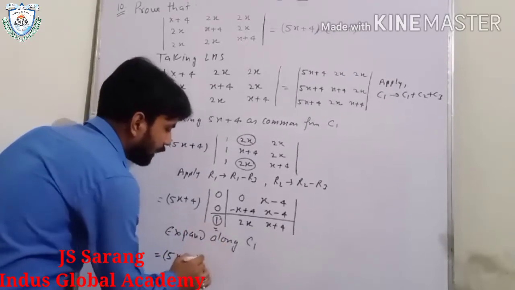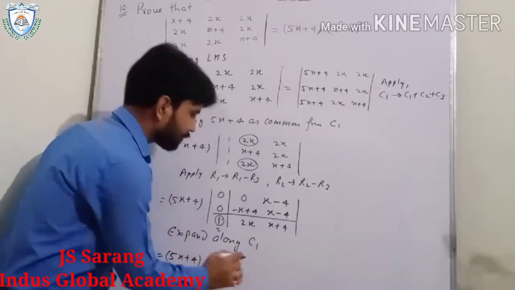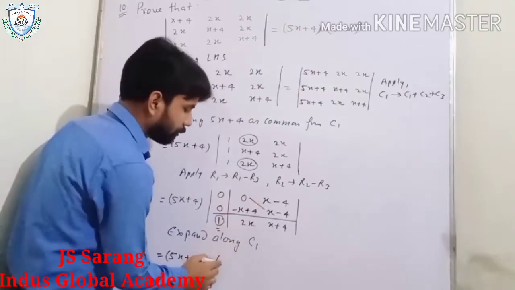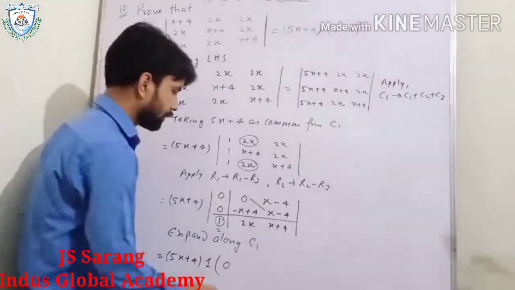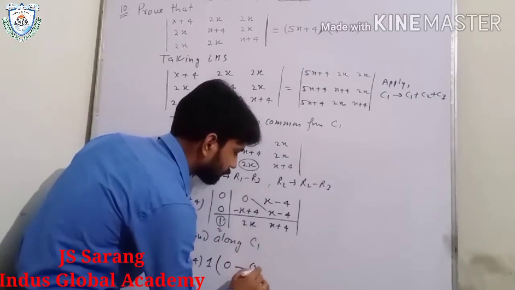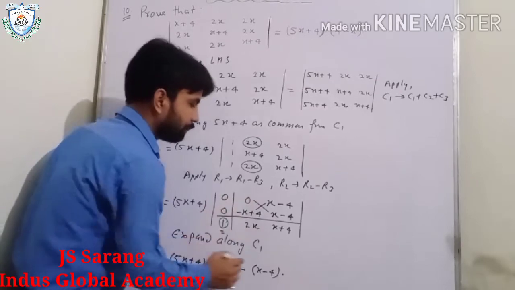The non-zero element is 1, so it will be written here as 1. Bracket start. We will multiply: 0 into (x minus 4), that is 0, minus (x minus 4) into (minus x plus 4).